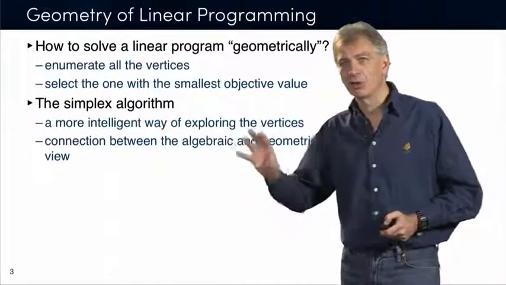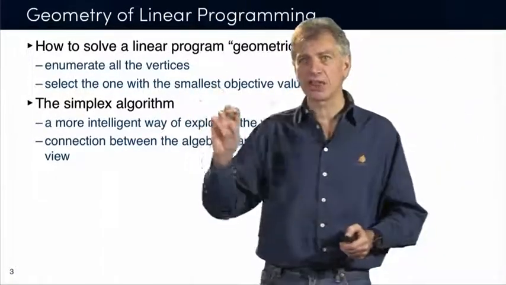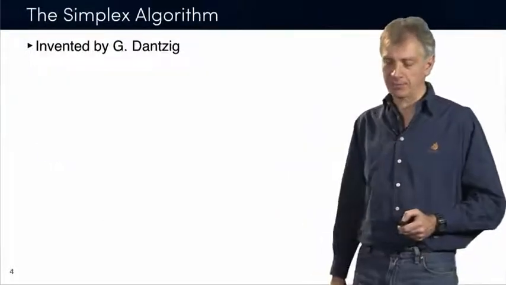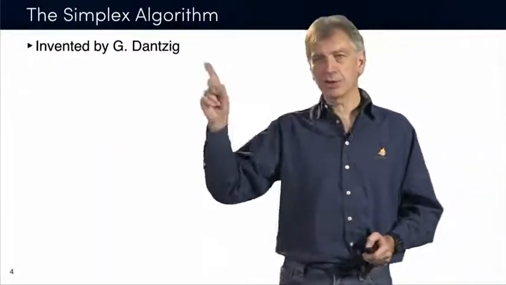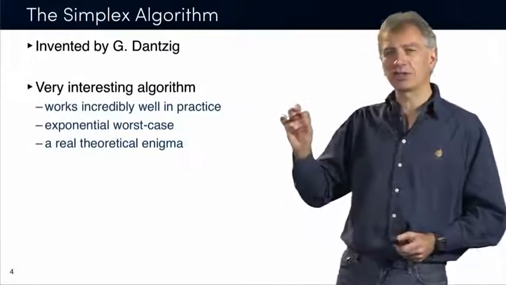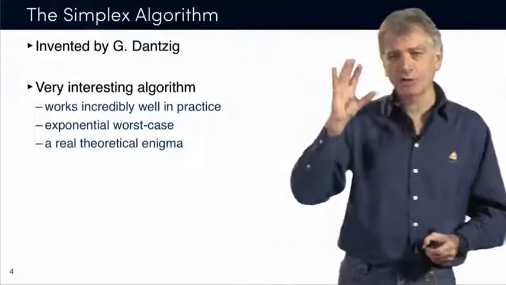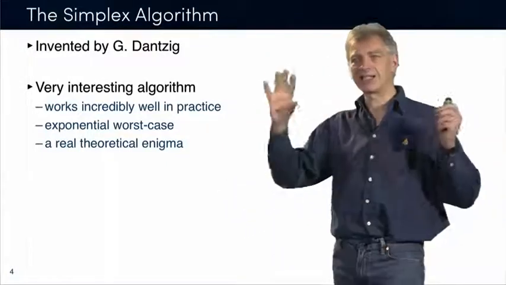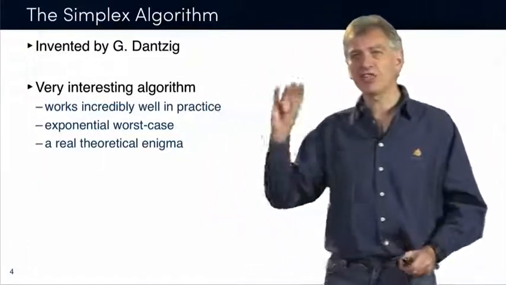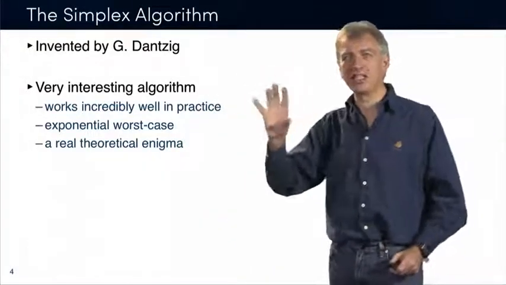As I told you, this is where the connection between the geometry and the algebraic view is really interesting. This algorithm was invented by George Dantzig, and one of the things you have to understand is that after 65 years, it is still a complete enigma.